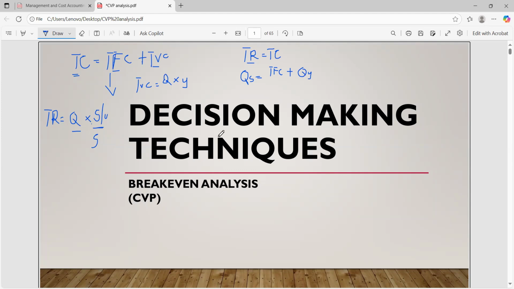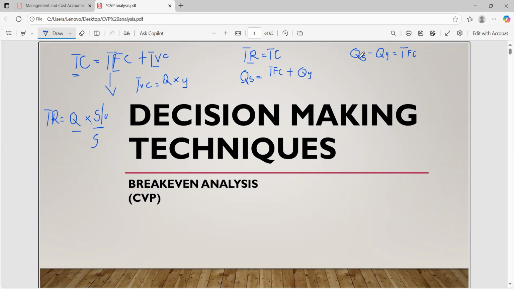So the quantity to sell, the quantity to spend on, so that you will not make a loss, nor would you make a profit. So we are here to determine the quantity. So we need to group items. To group items, we have the quantity of the selling price minus the quantity of the variable cost, all equal to total fixed cost. Okay.